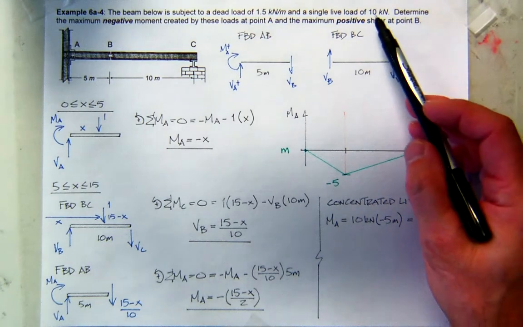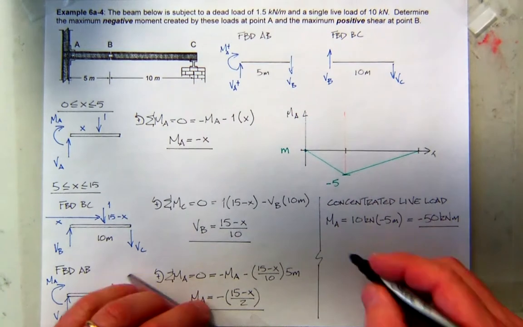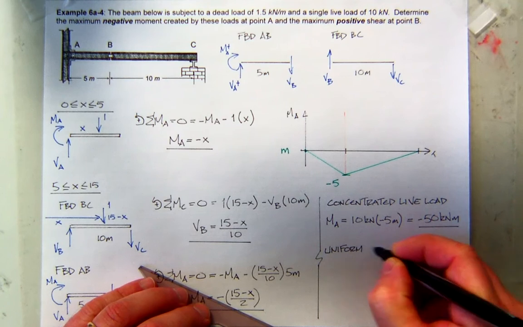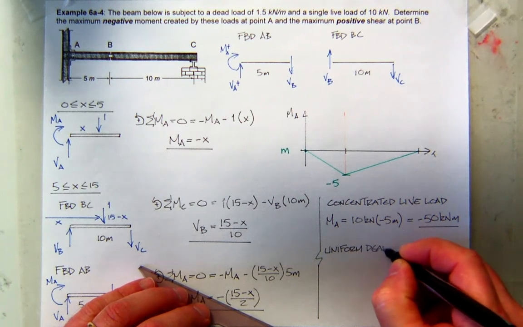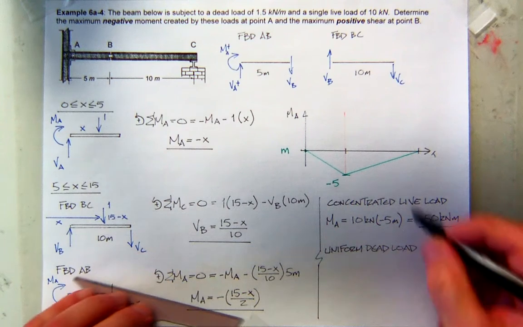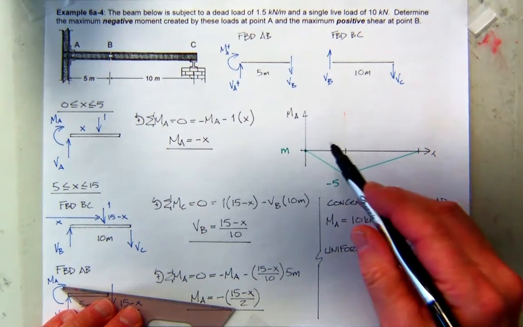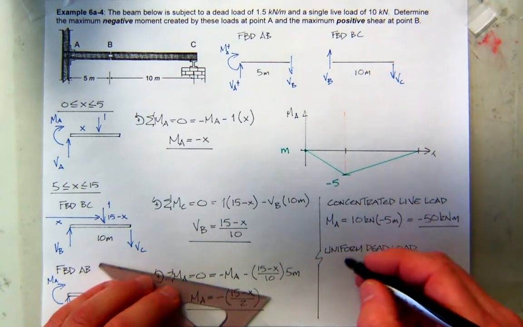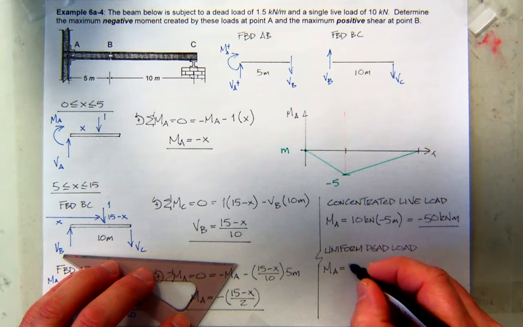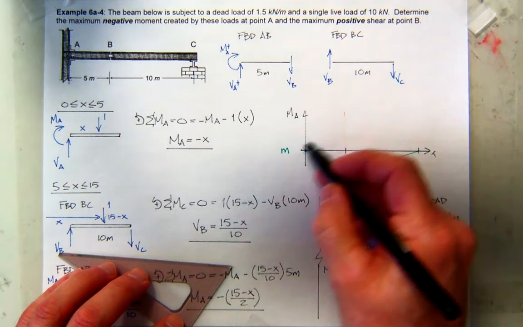Now what about the dead load, the uniform load? We might remember that we just talked about how to handle a uniform load. And how do we do it? We took the intensity of the load, which in this case is 1.5 kilonewtons per meter, and we multiplied it by the area under the influence line. So in that case, the additional moment would be the 1.5 kilonewton per meter times the area under this curve.